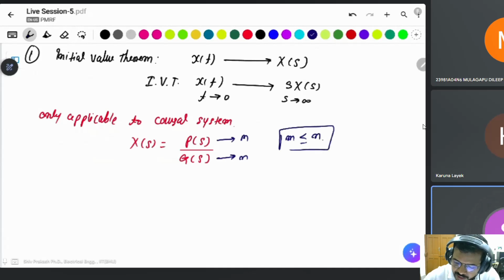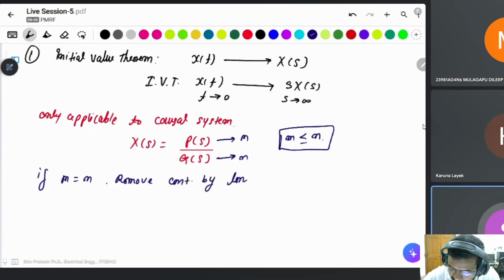Then the second condition, if m is equal to n, then first of all remove the constant. Remove the constant by the long division method.